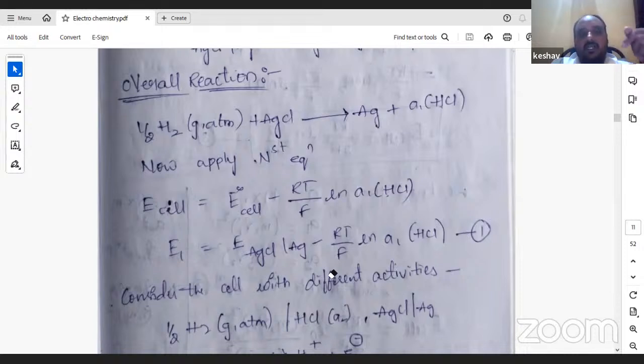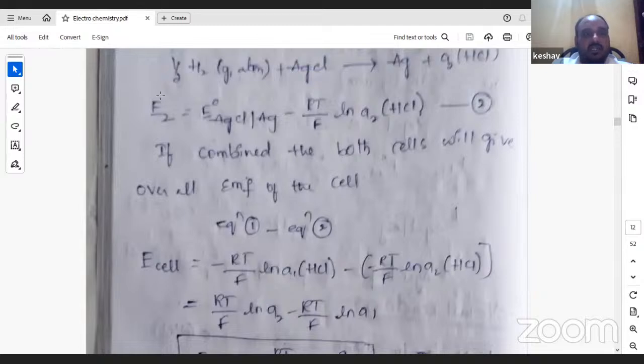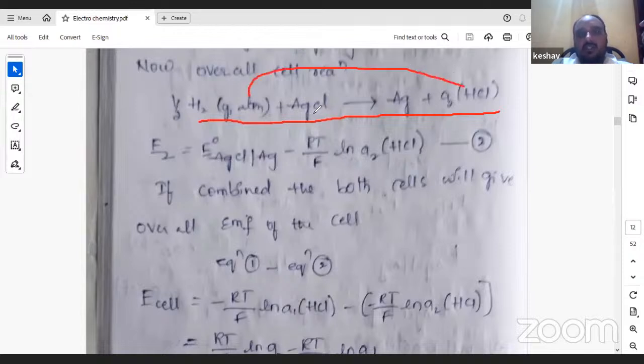Both take place in a single reaction that gives the overall cell reaction: half of H2 plus AgCl gives rise to Ag plus A2 of HCl. In this case also, hydrogen is involved in oxidation and silver chloride in reduction. Therefore, we can apply the Nernst equation and get equation number 2. E2 is equal to E naught of AgCl by Ag minus RT by F ln A2 of HCl.